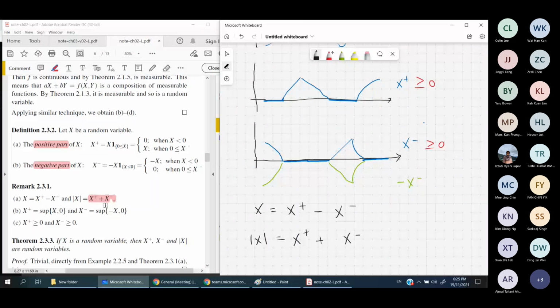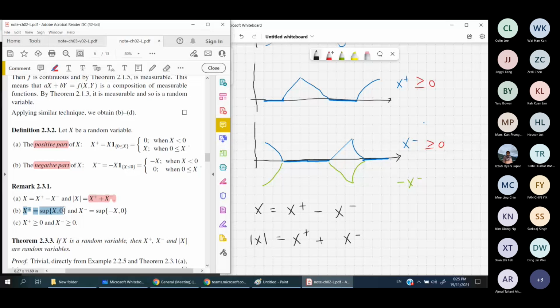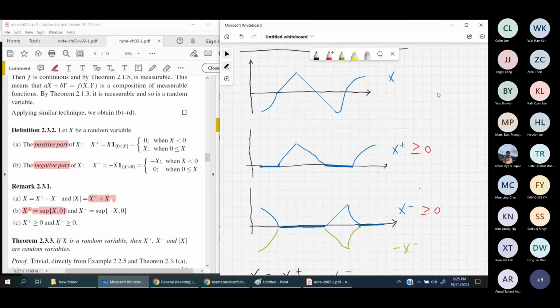Alternatively, we can say x plus will be the maximum of x and 0. x minus will be the maximum of negative x and 0. If I just look at here, I think you get a picture. Consider the maximum of x and 0. When you look at this part, x is always less than 0, so we take 0.